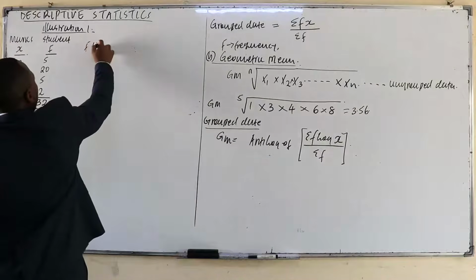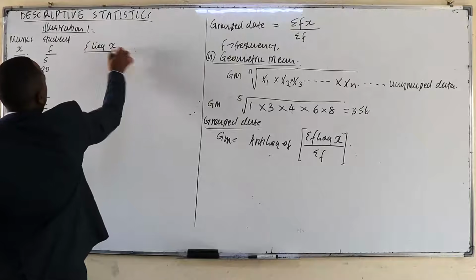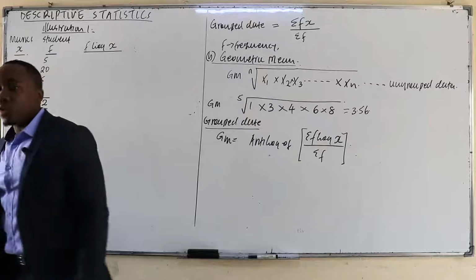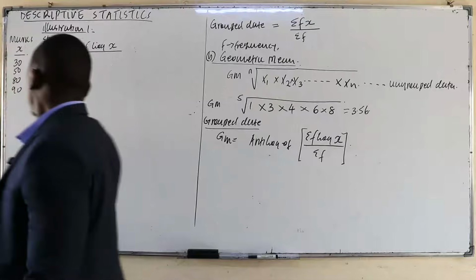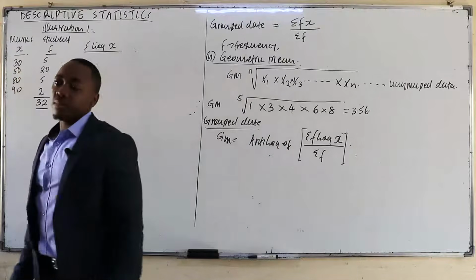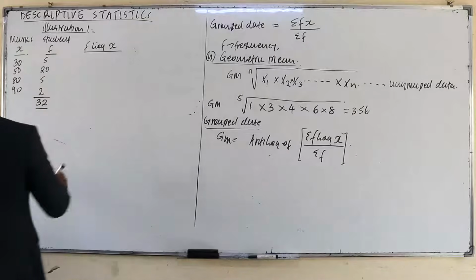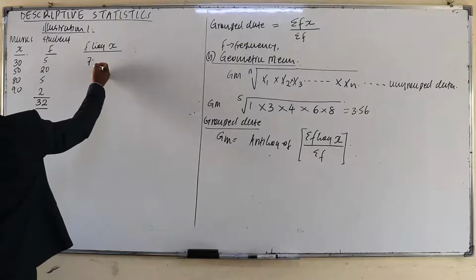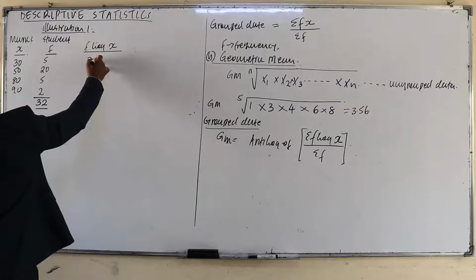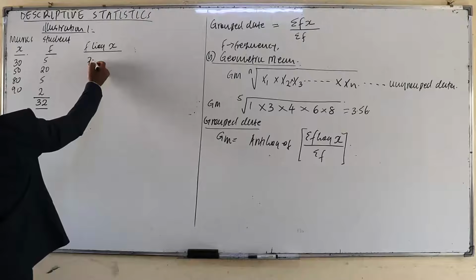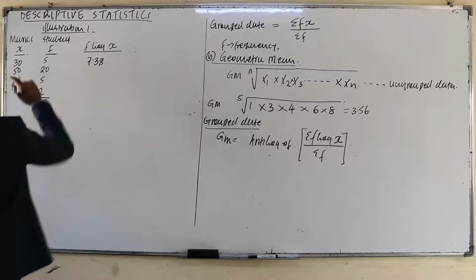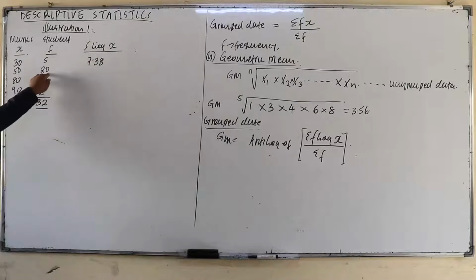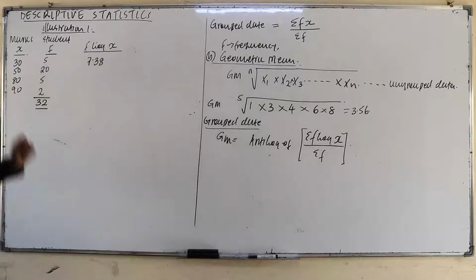So how do we get f log x? For example, in this case, f is 5. Press 5, then log, our x is 30. Press 30, equals. What do you get? You get 7.38 to 2 decimal places. We do the second one. The formula is f log x. So you take 20 log 50.